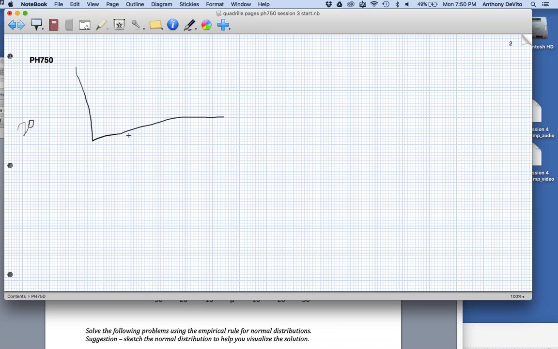I'm going to break up the heights into less than 50 inches, 50 to 55, 55 to 60, 60 to 65, 65 to 70, and 70 to 75, something like that. Let's say 5 of those people are in the range of 65 to 70.